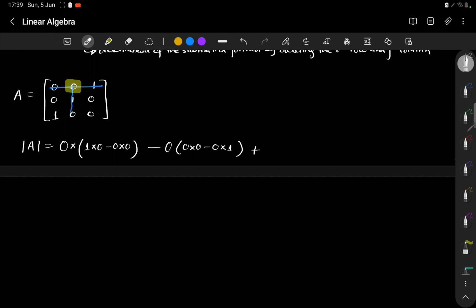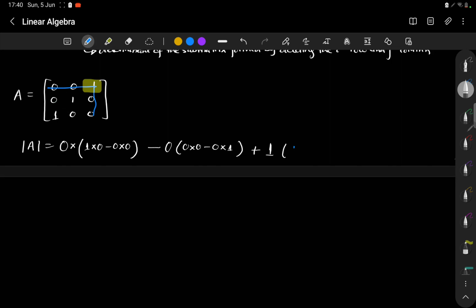and finally we will look at this last element right here, and this will come with a plus sign, and then again delete this row, this column. This leaves us with this 2 cross 2 matrix.